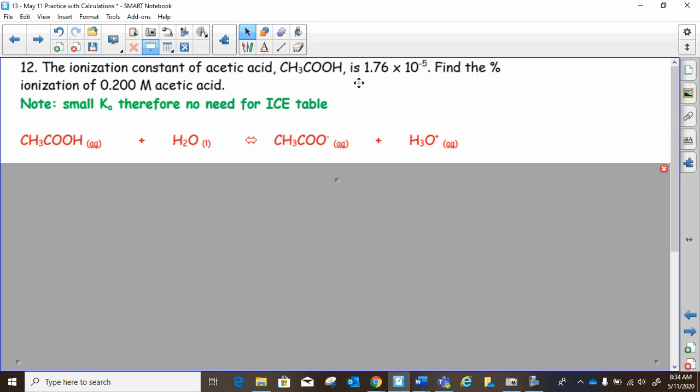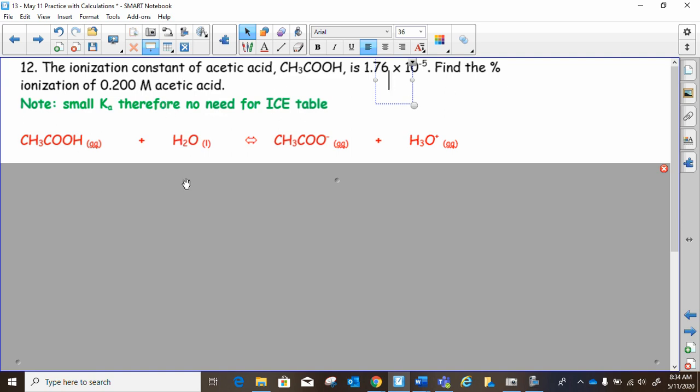So what do we know? We know the Ka, and we know the concentration of the acid. So if I were asking you to do this as part of your credit assignment this week, I would have said, okay, what do you know? You know the Ka, and you also know the concentration of the acid.